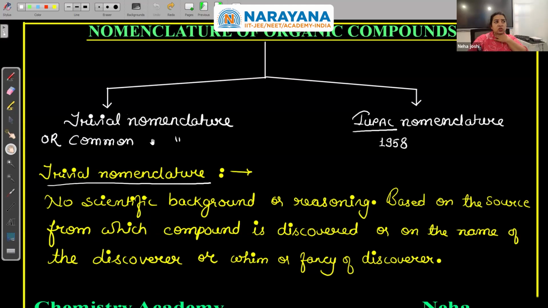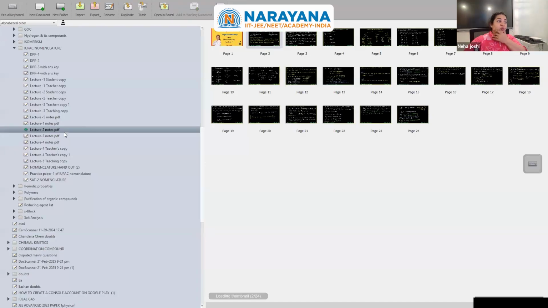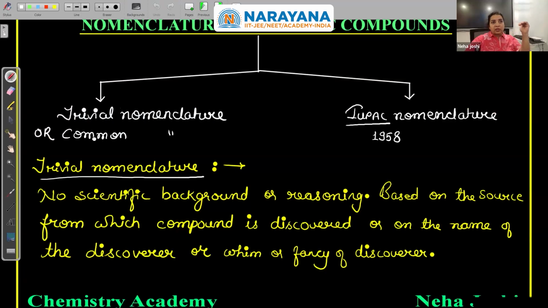Kindly suggest, can I skip nomenclature and directly move to isomerism? Please interrupt me. I'm waiting for your suggestion. If you want, I can go to nomenclature also, doesn't matter. If you think you need it, then there are 4 lectures for nomenclature. If you want, I will revise them.